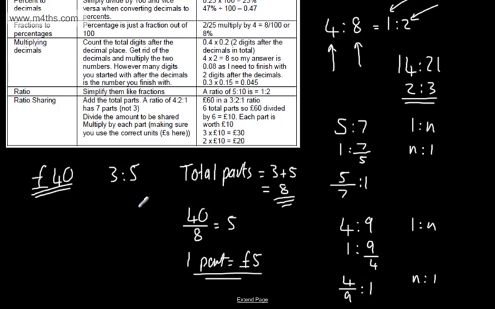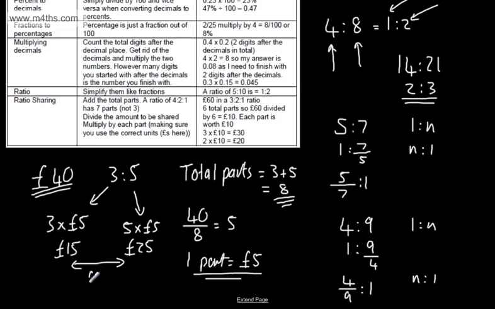We work out what 1 pile is worth and then simply now multiply up. So this person's going to have 3 times 5 quid, which is 15. And this person is going to have 5 times 5 quid, and that's going to give us now 25. Quite clearly, these two numbers must add to give £40, as that is what I shared.